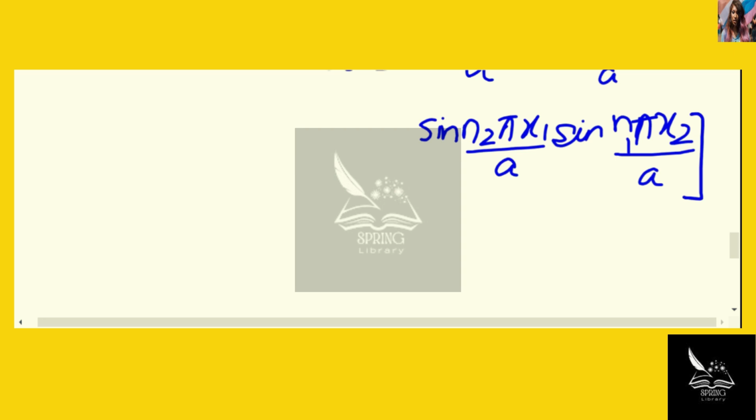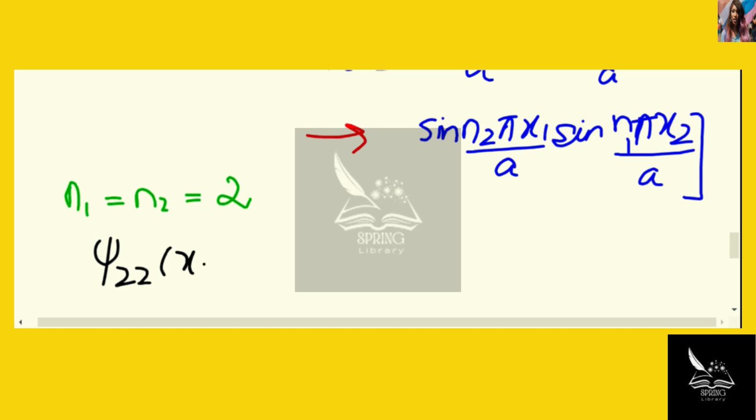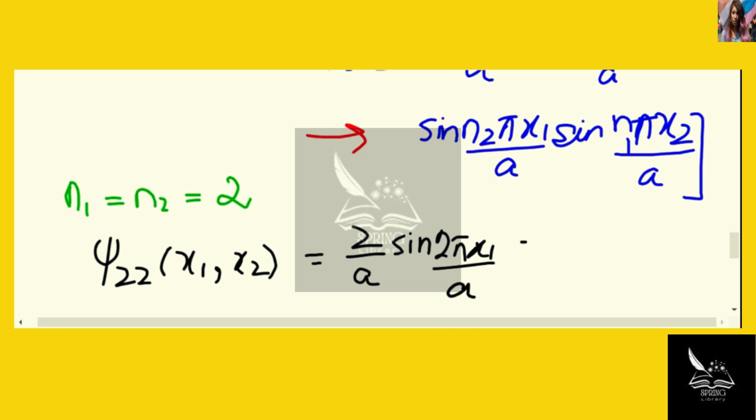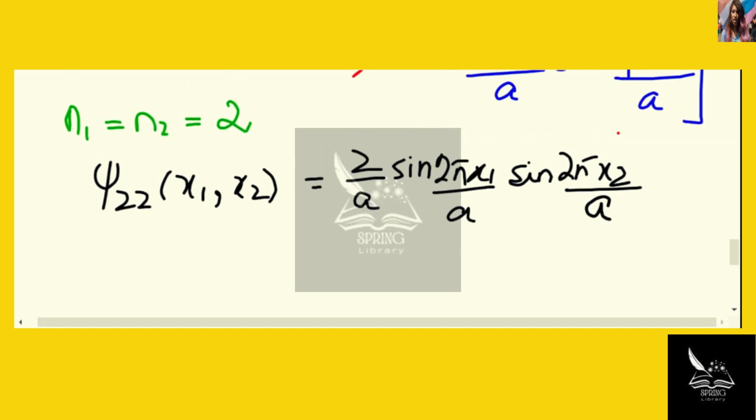Just as we did for the previous case in which the excited state was n1 is equal to n2 is equal to 2, we'll just plug them in over here in this equation, so that we get wave function 2 2 of x1, x2 is equal to 2 divided by a sine 2 pi x1 divided by a into sine 2 pi x2 divided by a, and you would get that the energy over here is equal to 8k, right?